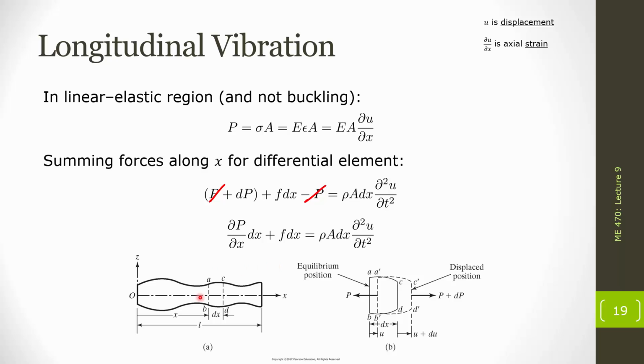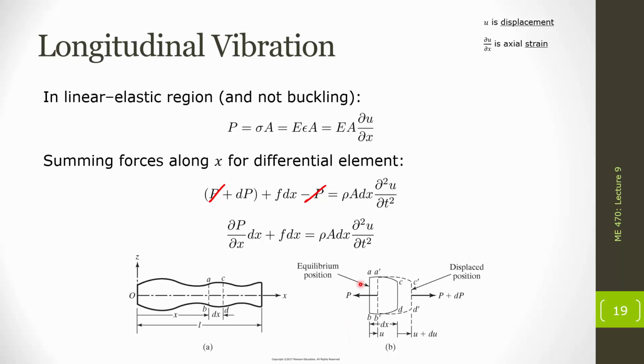And if we say that our material has some density rho, in this case rho is a volumetric density. So it's going to be in kilograms per cubic meter when we are dealing with these longitudinal vibrations. So it is different than what we saw with strings, where we used a linear density. Here it's a volumetric density.